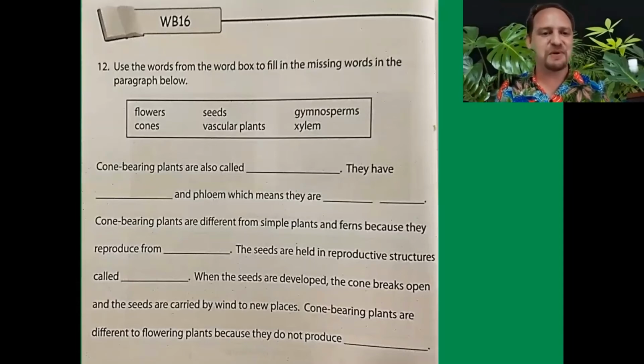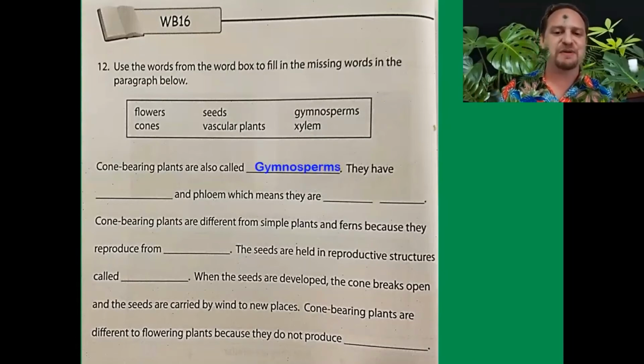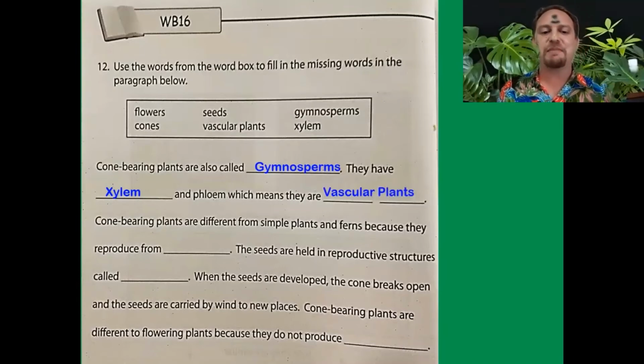Excellent, let's keep moving. Page 16, fill in the blanks, okay? As we know, cone-bearing plants are also called gymnosperms. They have xylem and phloem, which means they are vascular plants. Cone-bearing plants are different from simple plants and ferns because they reproduce from seeds, okay?